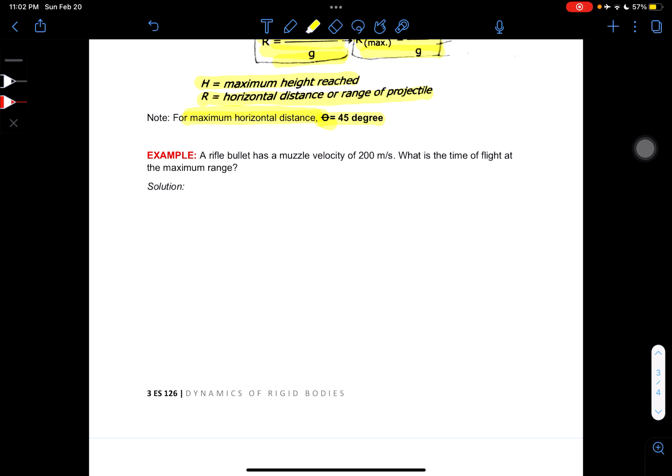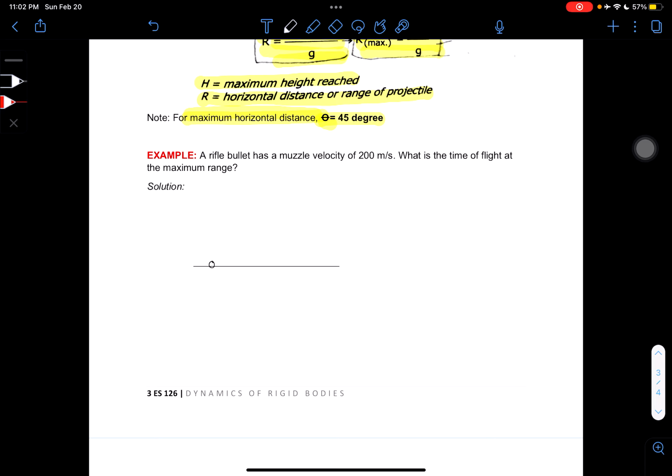A rifle bullet has a muzzle velocity of 200 meters per second. What is the time of flight at the maximum range? So, after na to mabasa sa itong problem, we need to draw our diagram. So, giingon na the rifle bullet. So, therefore, diri drawing ni ma'am.